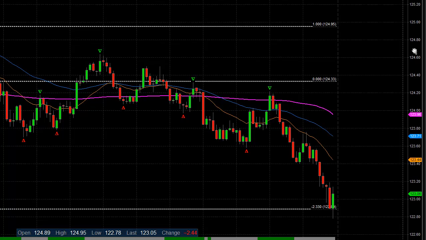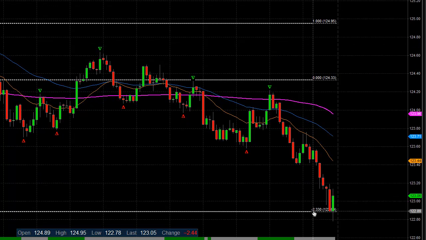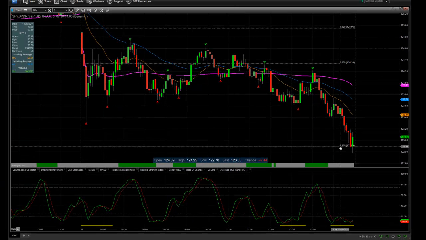For instance, today, where did this spider end up? It ended up right at the first support fib, 2.33, and it's amazing how these algorithmic trading programs that hedge funds have are written to work with these levels. This is where price comes into support and resistance.